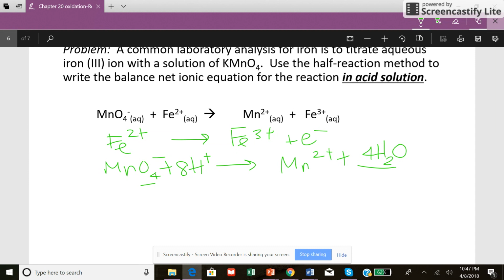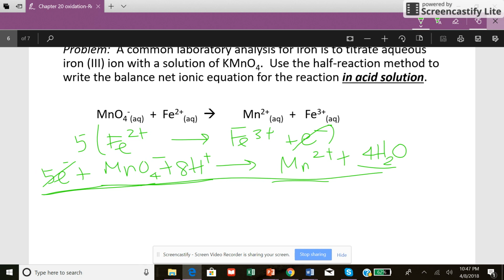Okay. So the mass is balanced, the charge is not. The total net charge on this side is 7 positive, and 2 positive on the other. So you have to add 5 electrons, so that the net charge on this side is just like the other side: negative 5, negative 1 plus 8, so 2 positive. So you cannot add the two equations yet. You have to multiply this by 5, so the 5 electrons can cancel out.